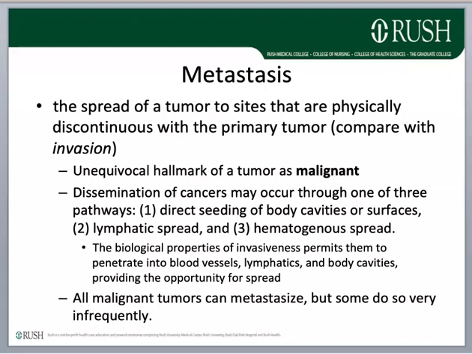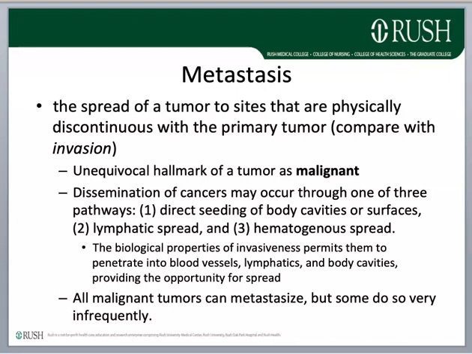Lymphatic spread is where the tumor must invade a lymphatic channel and then travel to a distant site, invade back through the lymphatic channel, and establish a colony, a tumor colony, in a distant site. And similar mechanism with hematogenous spread, only the vessel this time is a blood vessel. So the biological properties of invasiveness permits these tumor cells to penetrate blood vessels, lymphatics, and body cavities, and provides the opportunity for spread.